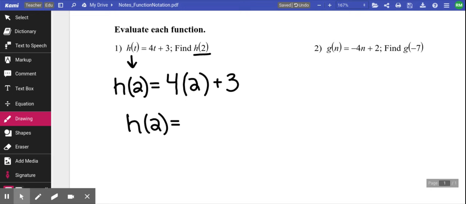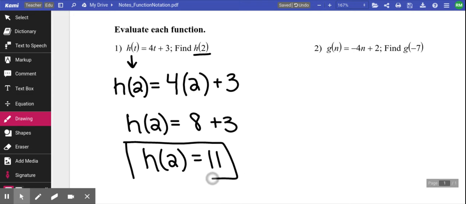So what's 4 times 2? 8. And remember, we still have the plus 3. So now it's going to be h of 2 equals, what's 8 plus 3? 11. This is your final answer.